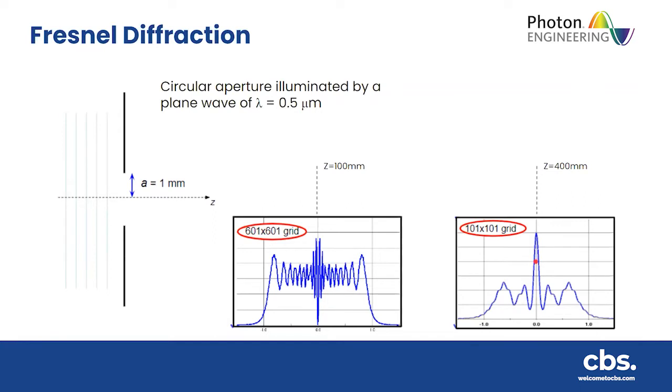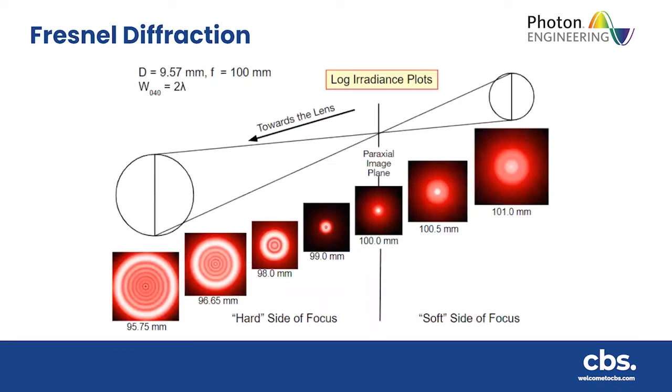But certainly Fresnel diffraction is also an option that's possible. Here's just another example of Fresnel diffraction in Fred. At the image plane, well, essentially around the image plane on the soft side and the hard side, towards the lens or further away from the image plane, Fred can easily calculate as a sequence a simple series of the Fresnel diffraction patterns.